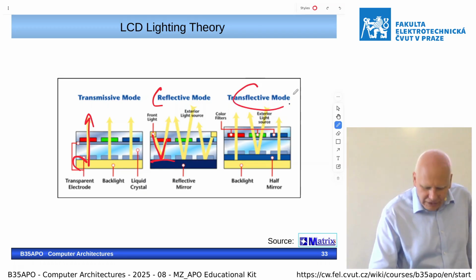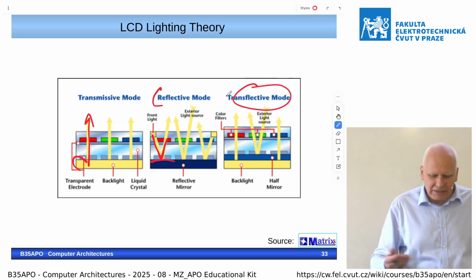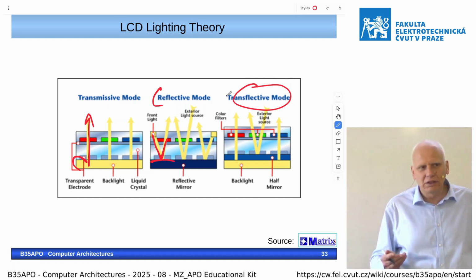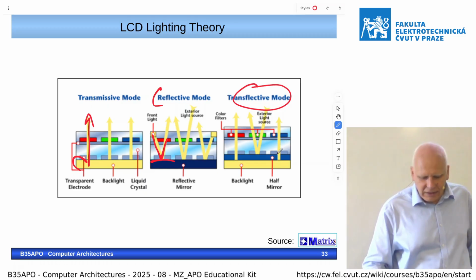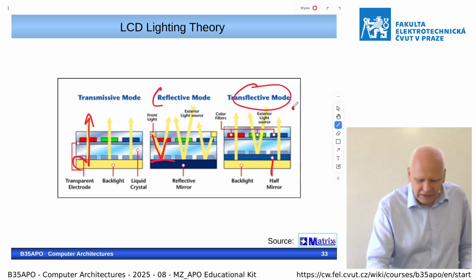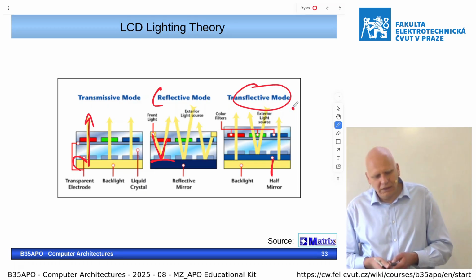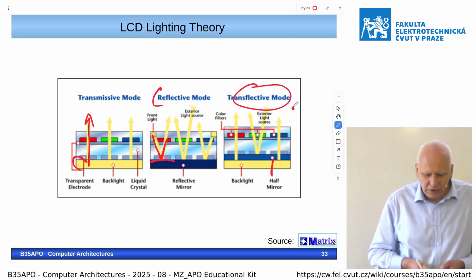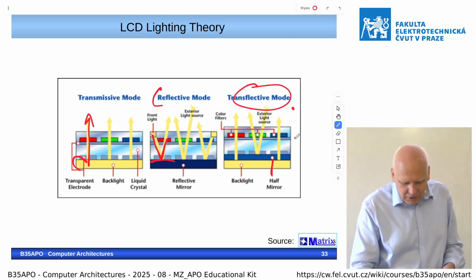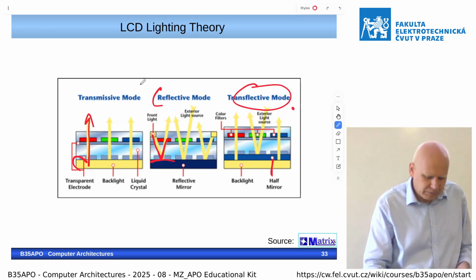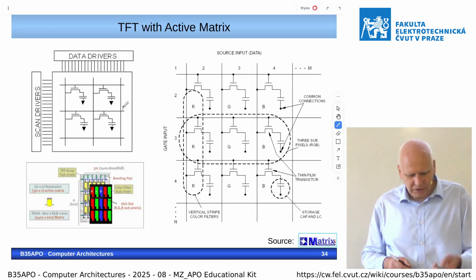Or you can have transflective, which are great, that are well seen even in daylight, but even at night when you can use a backlight. But usually this technology has problems that the colors are a little dimmed, so it is a little problem. So usually we have this kind of display.